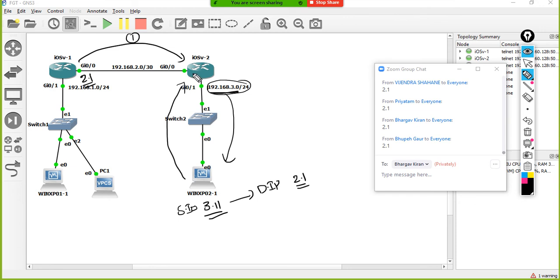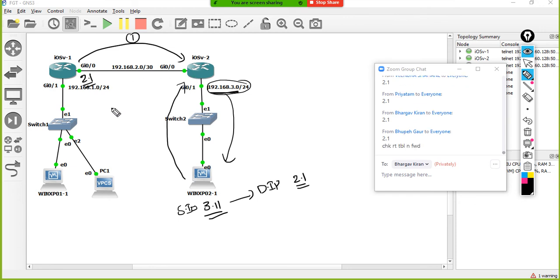Does router 2 know about the 2.1? Because there is no route, right? But it is a directly connected network. That's why, if it is a directly connected network, it does the ARP and it will find 2.1 and it will give it back to you. Is it correct?